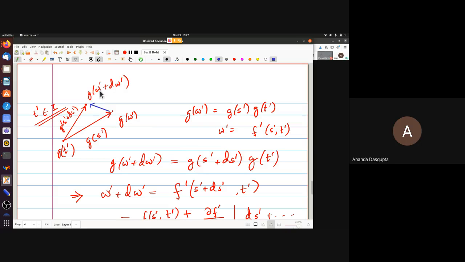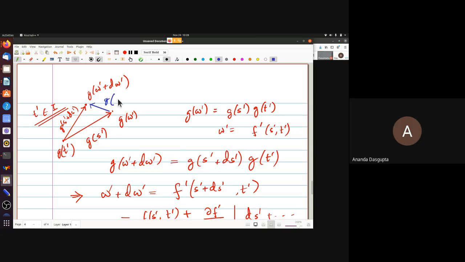Note that since g(W prime plus dW prime) is close to W prime, you should be able to get from here to here. That is, instead of going via g(S prime plus dS prime), which takes g(T prime) to this point, you could start at g(W prime) and hit this by a small element which is close to the identity, right?